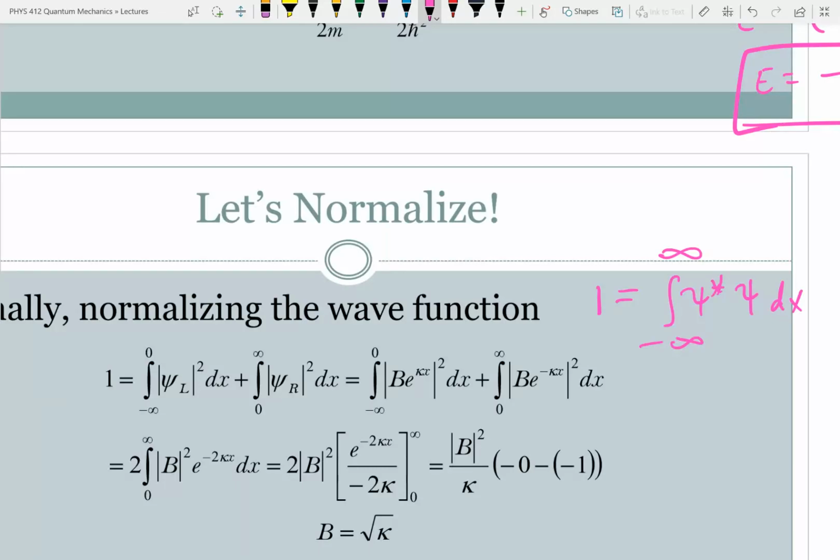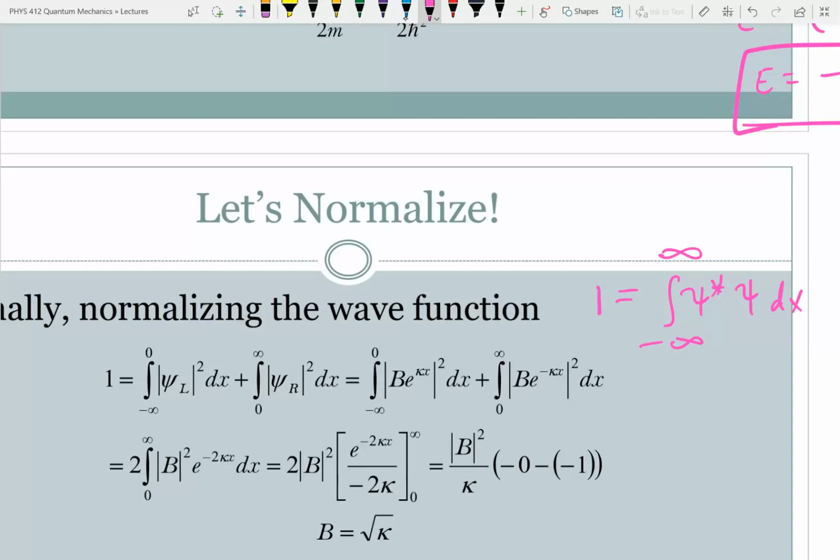And when you do that, you have e to the positive kappa x, the whole thing squared, so e to the plus 2 kappa x, from minus infinity to 0, and then e to the minus kappa x from 0 to infinity. Those have to be the same thing because if you flip the limits and change the sign of x, it's the same thing.